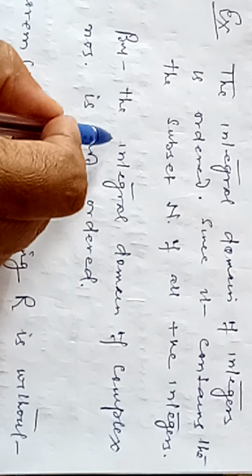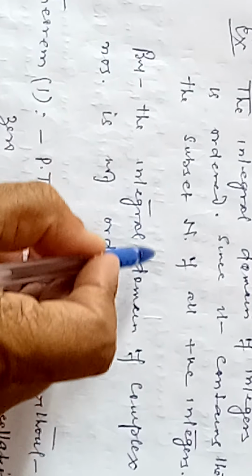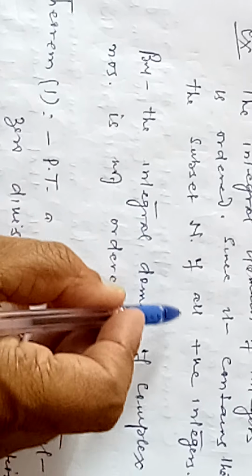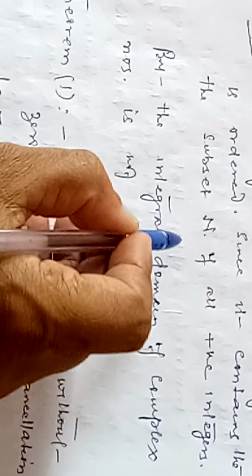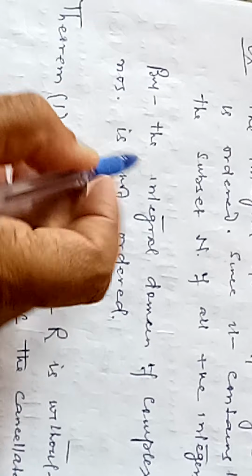So the integral domain of integers is ordered as it contains a subset N of all positive integers, which satisfies both the conditions for an integral domain to be ordered.